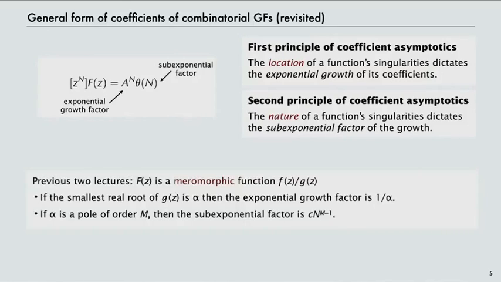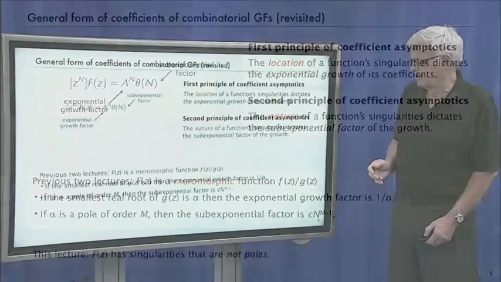Now, in the past two lectures, we looked at meromorphic functions or rational functions and saw that the smallest real root of the denominator gives the exponential growth factor, and then if it's a pole of order m, then the sub-exponential factor is proportional to n to the m minus 1.